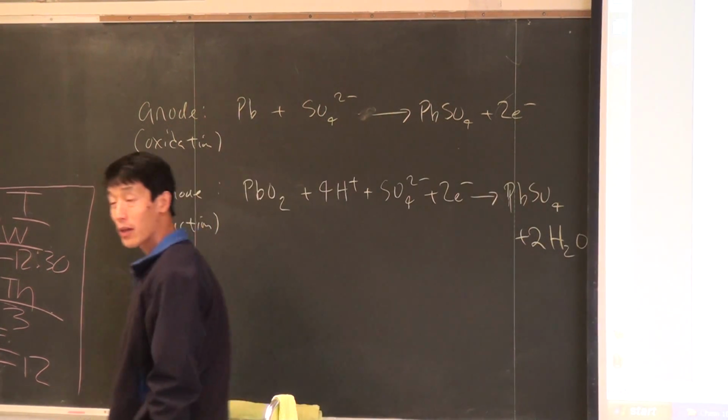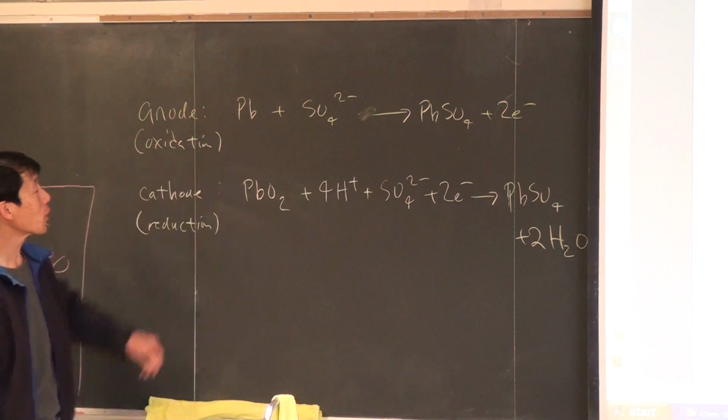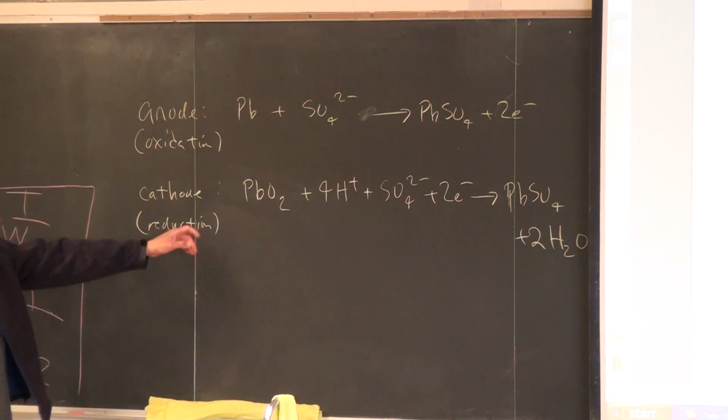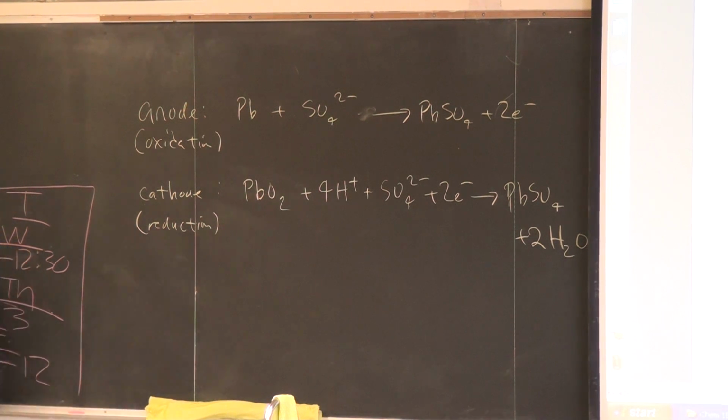Now, how do you know that this is the reaction which occurs in the charging direction? Because of the 2 electrons coming out of the oxidation, and then when it's reducing, it's gaining the 2 electrons. And at the anode, the lead's more active.